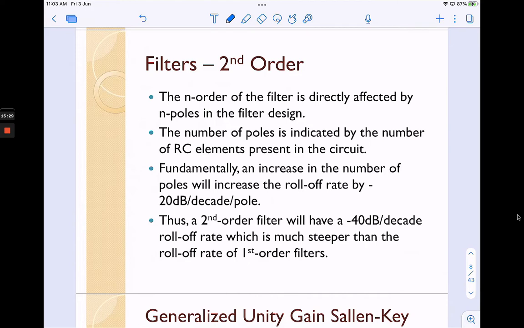Okay, so like I mentioned before, 2 poles means negative 40 decibels, 3 poles 60 decibels, 4 poles is 80 decibels. Thus, a second order filter will have a negative 40 decibel per decade roll off rate, which is much steeper than the roll off rate of the first order.